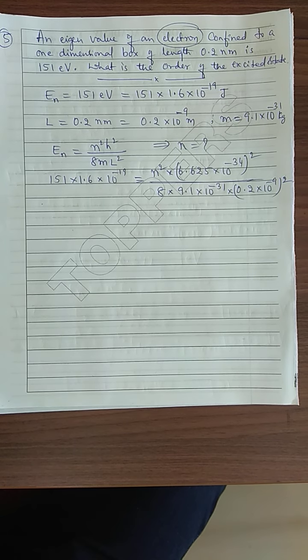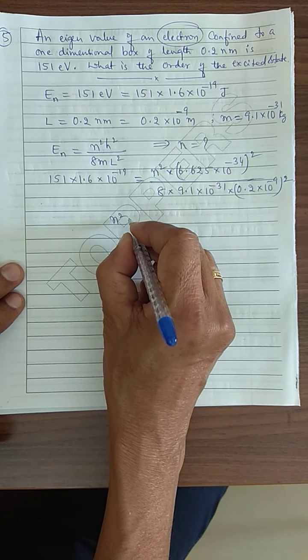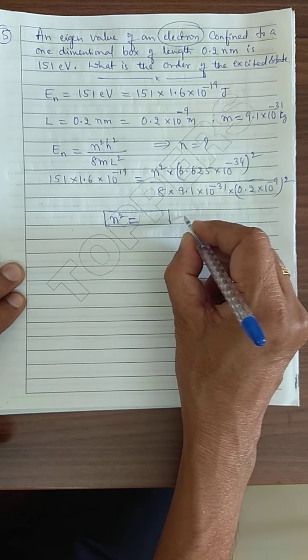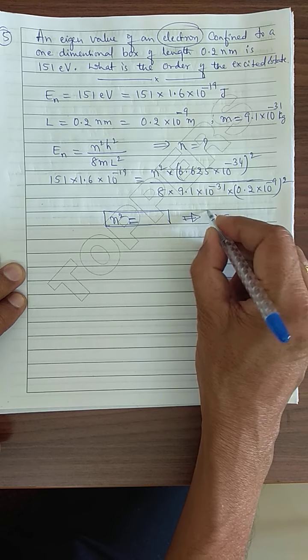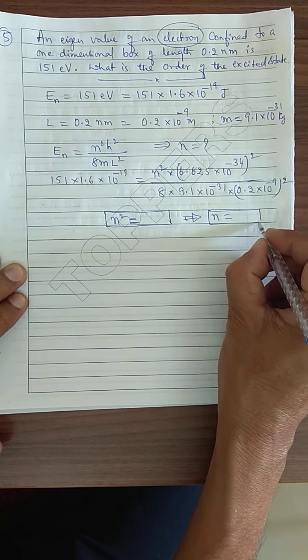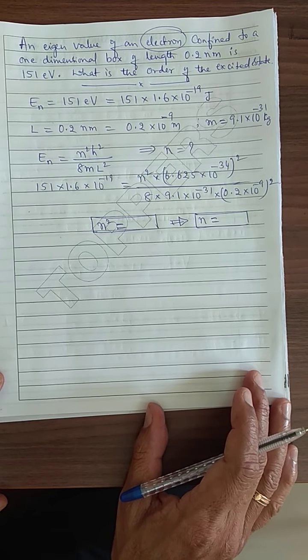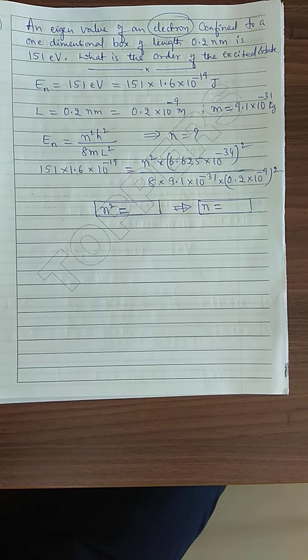Substitution is over. Do the calculation. Calculate n square using this one. If you know n square here, this implies n is equal to how much? This is the order. Do it fast.